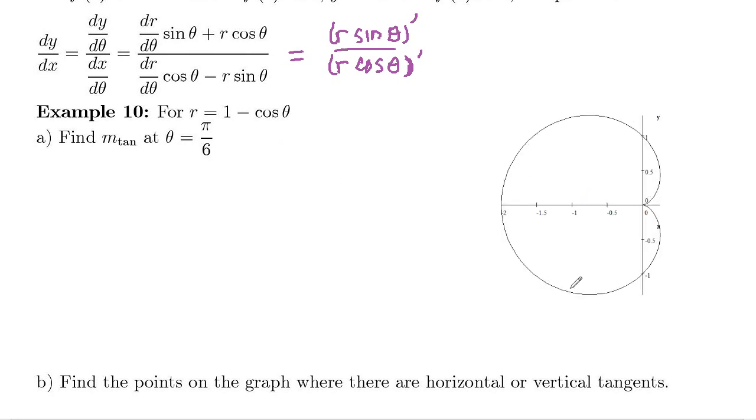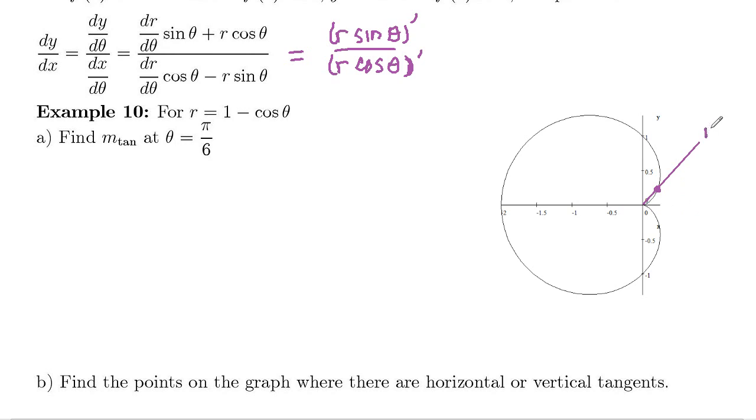So that graph looks like this. It's a cardioid along the negative x-axis, because of the negative cosine. Pi over 6 would be something like this, and we want to find the slope of the tangent line at that point right there.